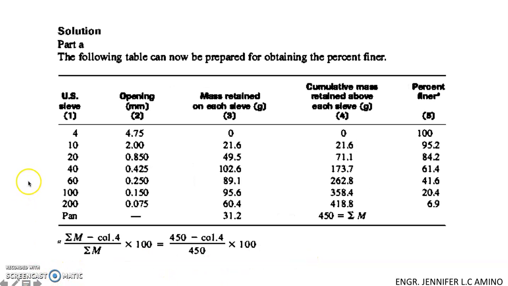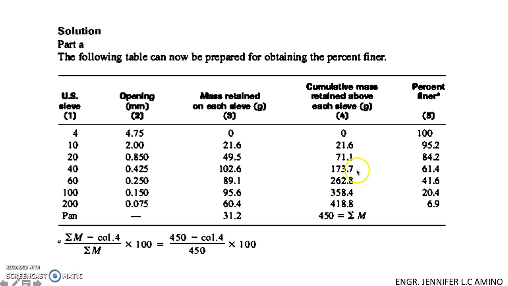So to start with, you have to tabulate. So you copy the given, then identify the opening or the diameter for each sieve number. Then you copy the given, which has the mass retained on each sieve. Then compute for the cumulative mass retained above each sieve. So to compute that one, you start with a 0 on the number for sieve. Then 0 plus 21.6, this is 21.6. 21.6 plus 49.5, this is 71.4.